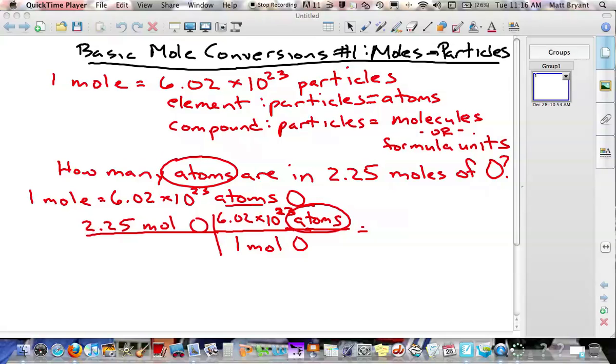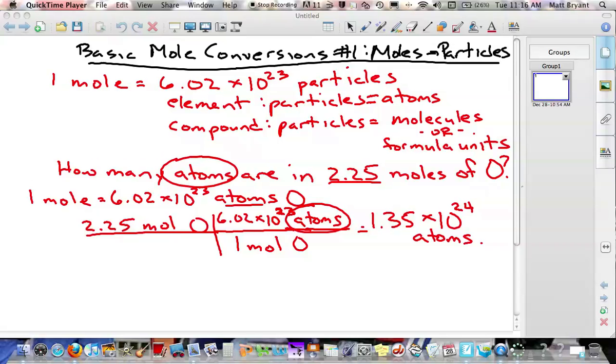And then I'm going to divide by 1, which basically keeps that number the same way it is. Since we started out with 3 significant figures here, our answer should also be rounded to 3 sig figs. And so what you get in the end is 1.35 times 10 to the 24th. And in this case, the unit, which is always important, becomes atoms.